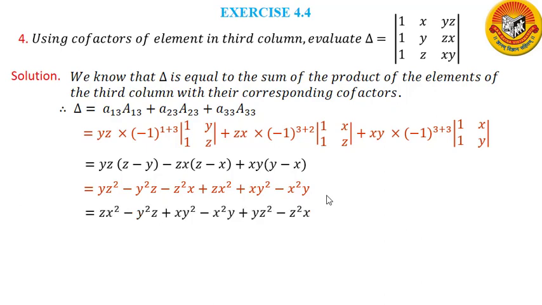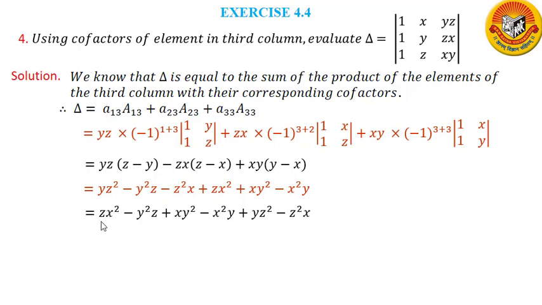You can simplify it. Here what I have done, first I have taken z common, where I am getting z only, so this is zx square and this is minus zy square, so zx square minus y square z plus xy square. I have taken then xy square and x square y term, and lastly the remaining terms.